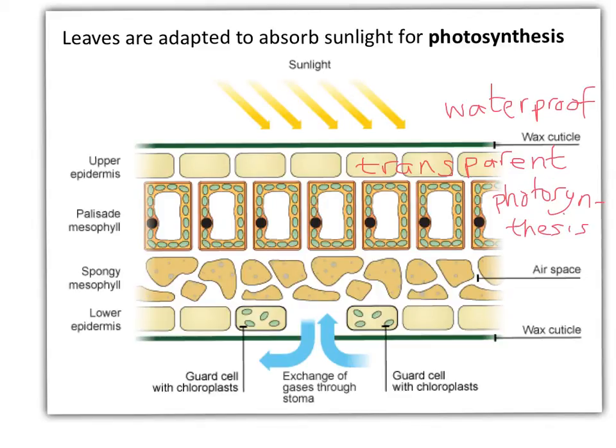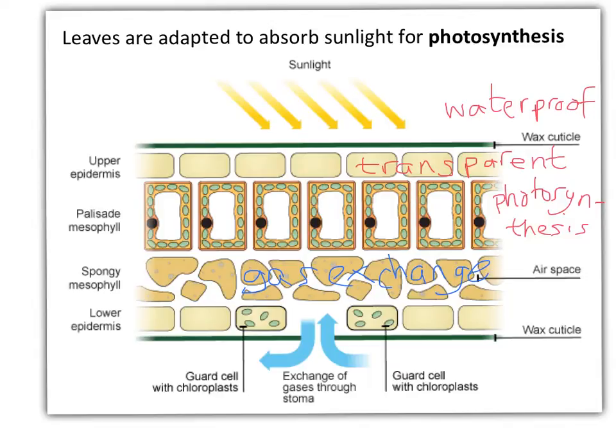Then if we look at the next layer, again, it's all adapted for photosynthesis. We've got the spongy mesophyll layer. Now, the spongy mesophyll layer, you notice we've got lots and lots of gaps, and this layer is all to do with gas exchange, so swapping carbon dioxide for water. We then have the lower epidermis, which is also a transparent layer.